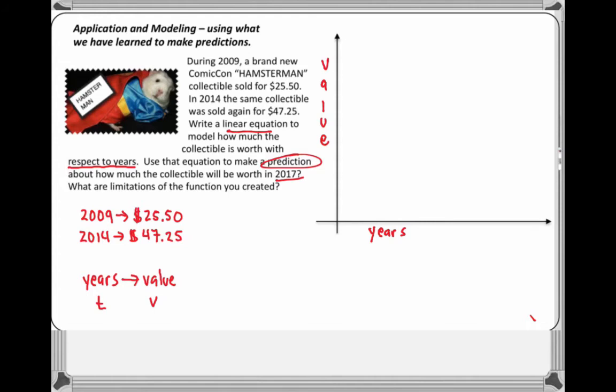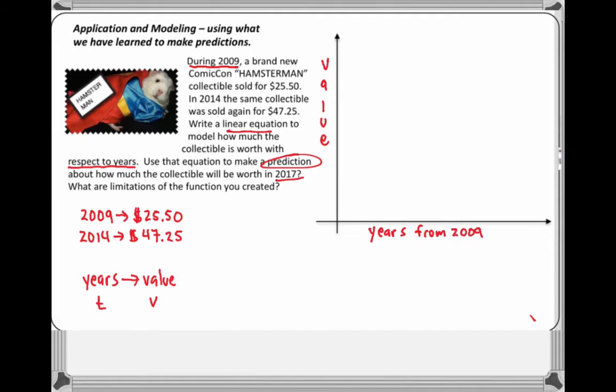So this is going to be years, but we want to make sure we're creating an X value, or time value, that makes sense. Since this Hamster Man did not exist prior to 2009, we're going to say years from 2009.